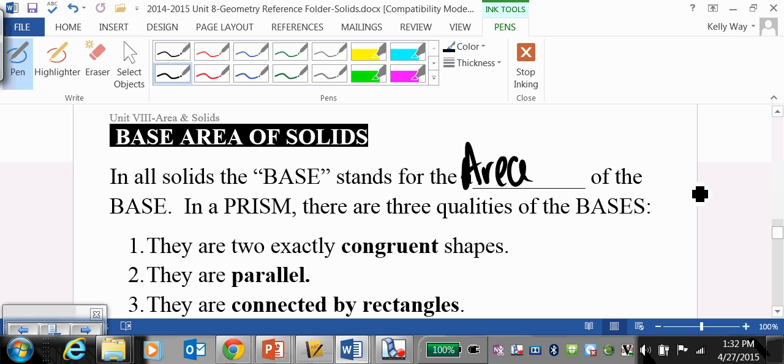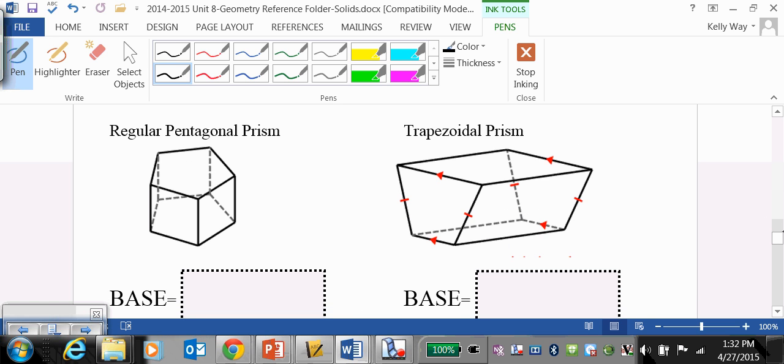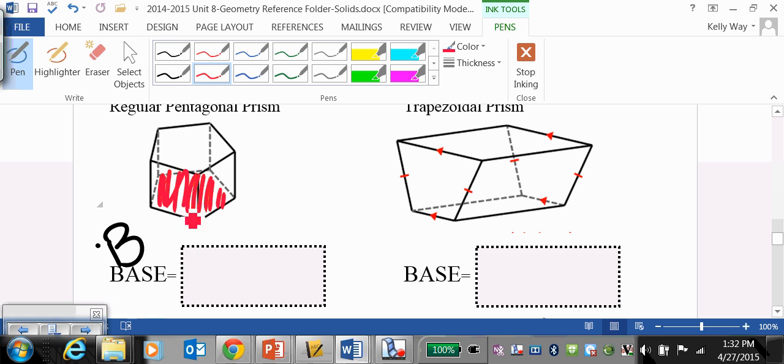Ready, guys? Look up here. In our equations, when you see the word capital B for base, it means area of the base. Therefore, when you see a capital B, if it was this, write it down, stay right with me, move fast. If it's this base, that's perimeter times apothem over 2.